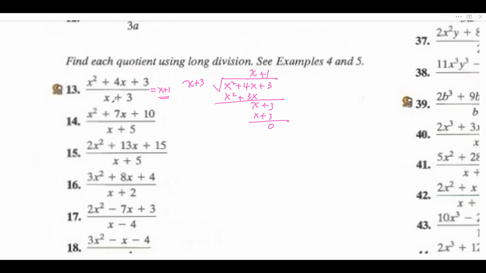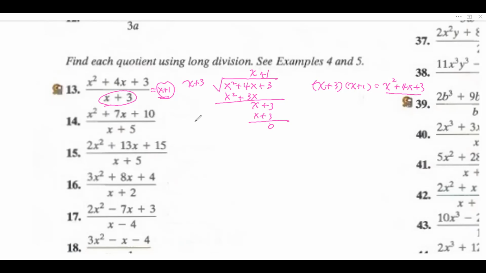If you go back to check it, this part times this part should give the original, right? We learned this before. Did you guys find out what's going on here? You can see this part. This part divided by one of them, you get another one, right? Is it good? All right.